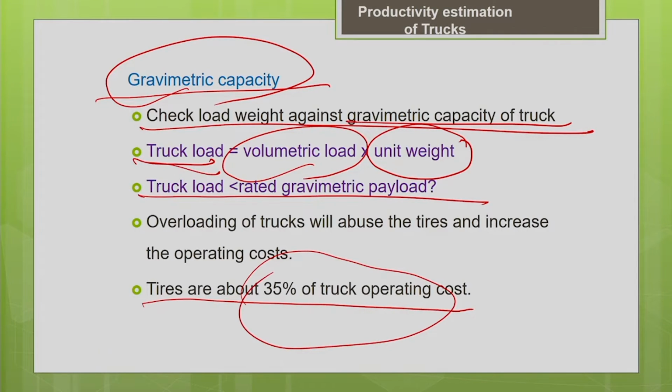So, keep in mind that by adding side boards and overloading the trucks, though you are able to increase the productivity, those benefits will be only for a shorter time. This is because if you keep on overloading your truck, it will result in premature aging of the truck and it will result in huge loss for you.